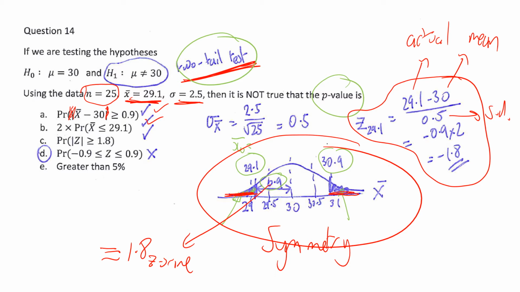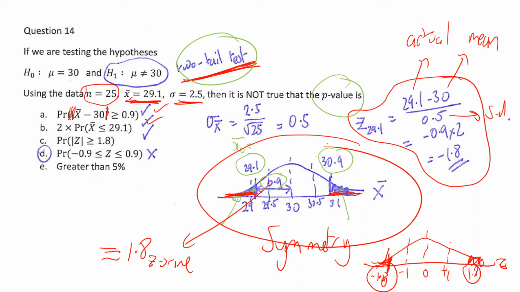So let me just draw the Z score. We're talking about here 0, -1, +1. We're talking about the area below -1.8 and above +1.8. They're the two areas of our standard normal curve that represent the p-value in this particular case.